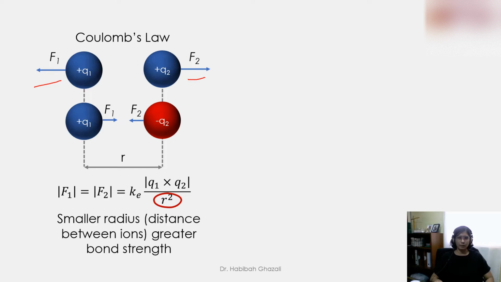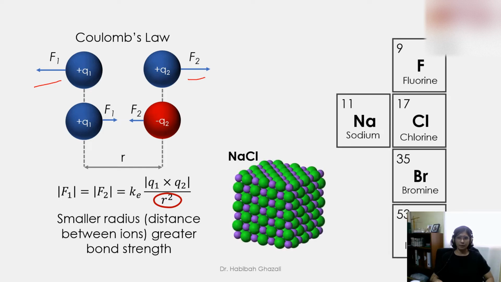So let's bring up that sodium chloride again. Sodium is going to be the cation, and the chlorine is going to be the anion. And then there's something that we call the lattice energy.